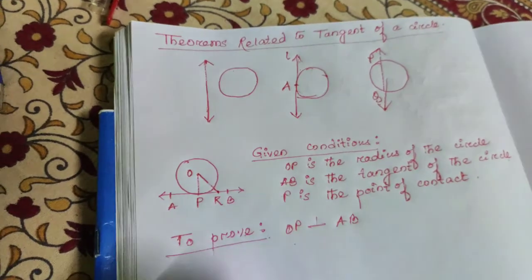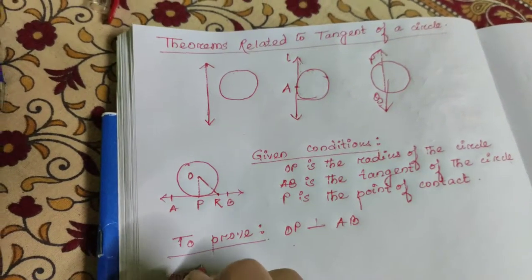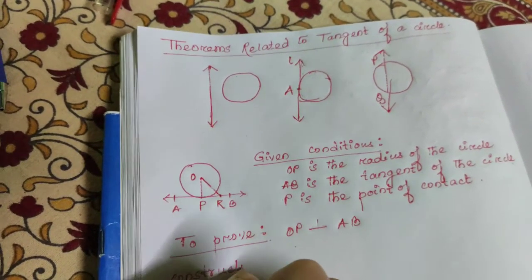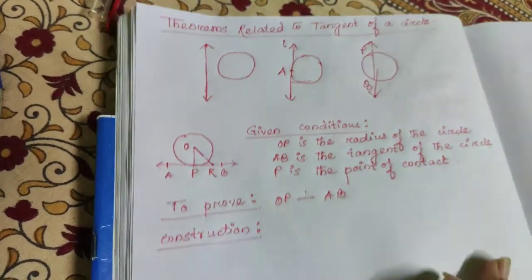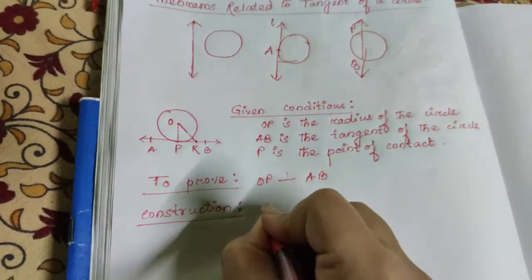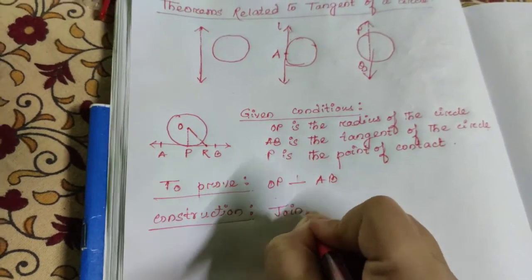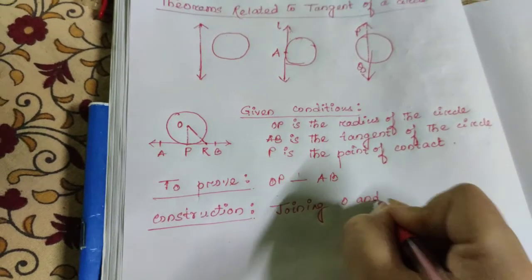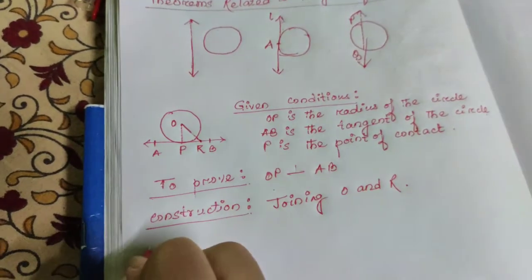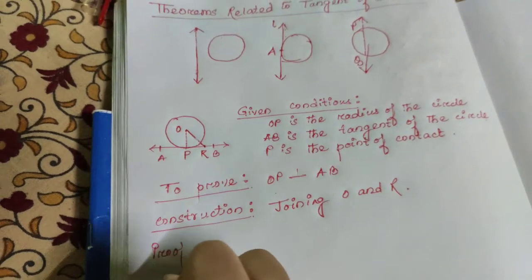OP perpendicular to AB. Now construction. Here I am joining O and R. Now I am going to the proof part.